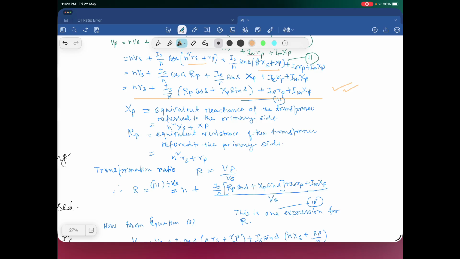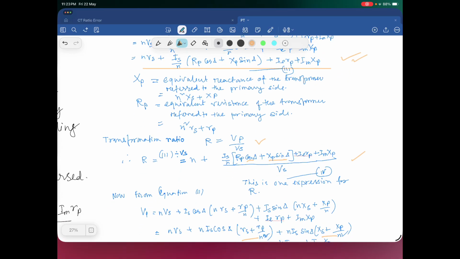So transformation ratio is equal to Vp by Vs. So I am dividing equation 3 by Vs. So we will get N plus Is by N Rp cos delta plus Xp sin delta plus IERP plus IMXP divided by Vs. So this is one expression for transformation ratio.